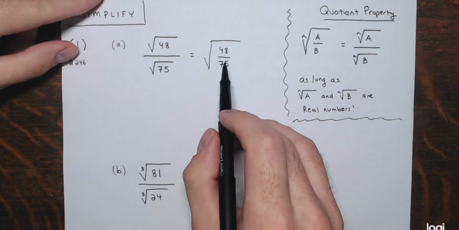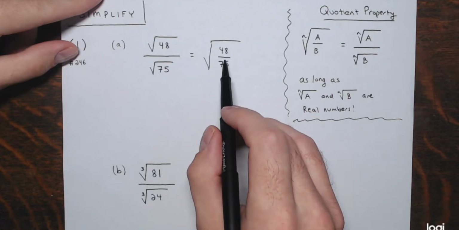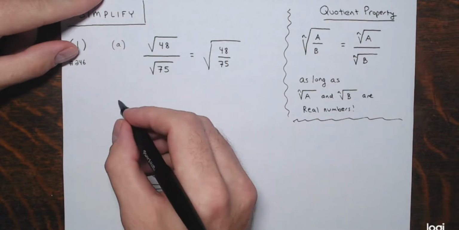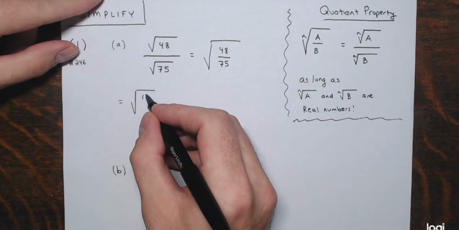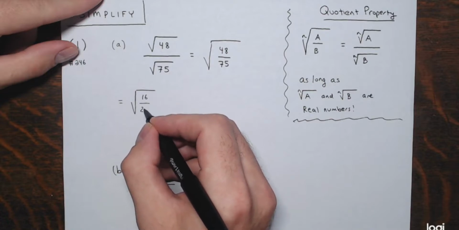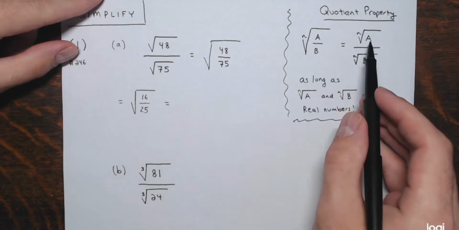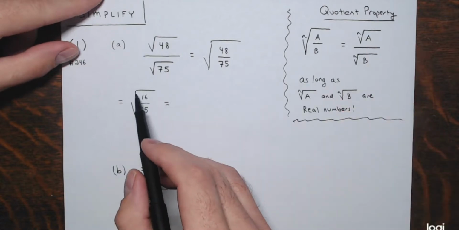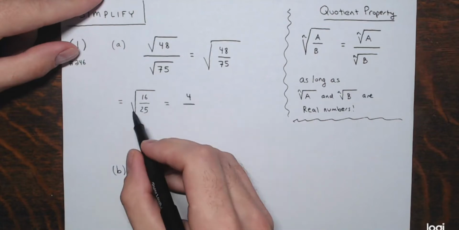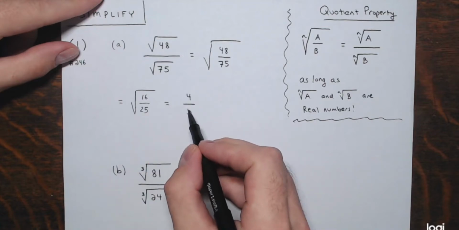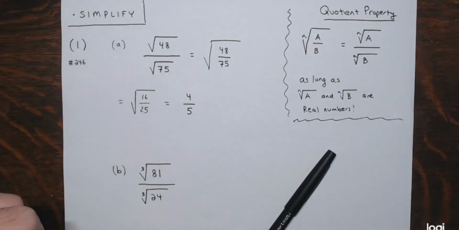If you divide by 3, canceling out the common factor of 3 in the numerator and denominator, this is just the square root of 16/25. You could apply the quotient property again if you wanted. The square root of the numerator is 4, and the square root of the denominator is 5. So this ends up being 4/5.